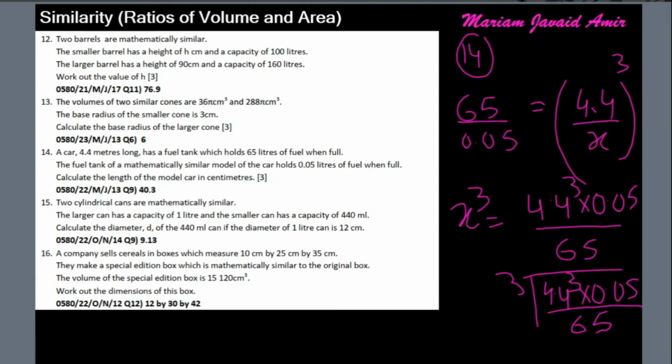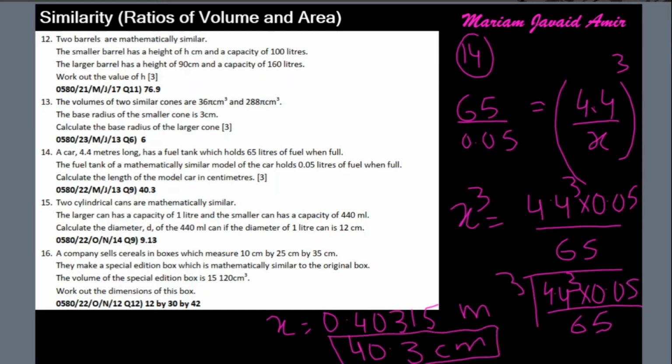This is giving me x equals 0.40315 and so on meters. Change it into centimeters, multiply it with 100, so we get 40.3 centimeters rounded off to 3 significant figures, which is the answer given here as well.